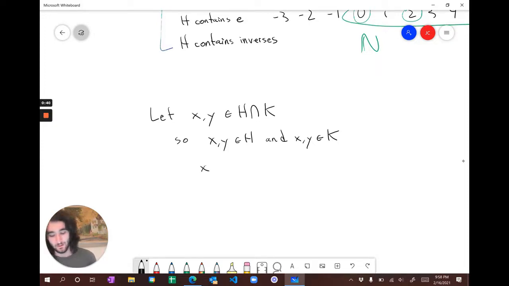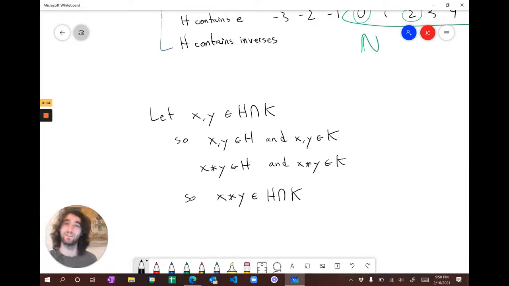So if you multiply X and Y together, that's got to still be in H because they were both in H already. And if you multiply X and Y together, that's got to be in K because they were both in K already. And check it out, X star Y is in H and it's also in K. Well, that's exactly what it means to be in the intersection of H and K. So there you go.